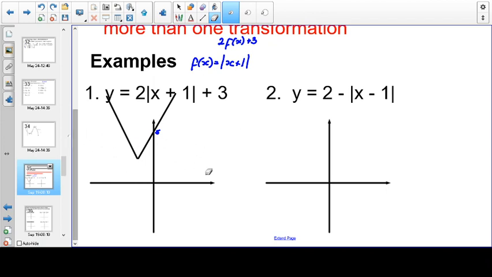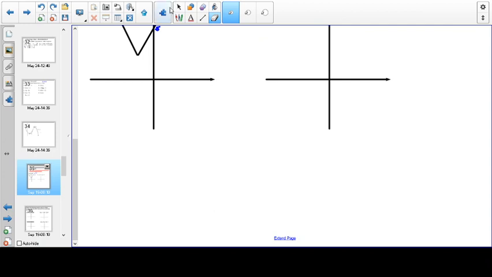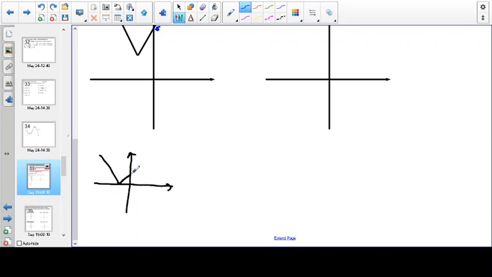Okay, so if need be, what you could do is just do multiple little sketches. So you've got your first one that's going through 1, and then you might do another little one that's going through 2, and then do your final one.